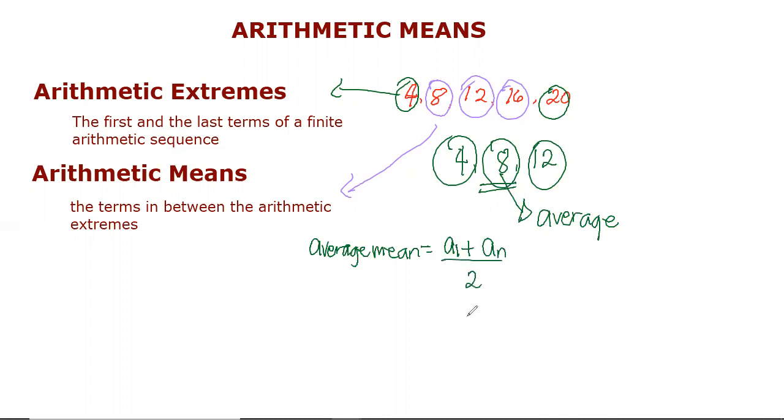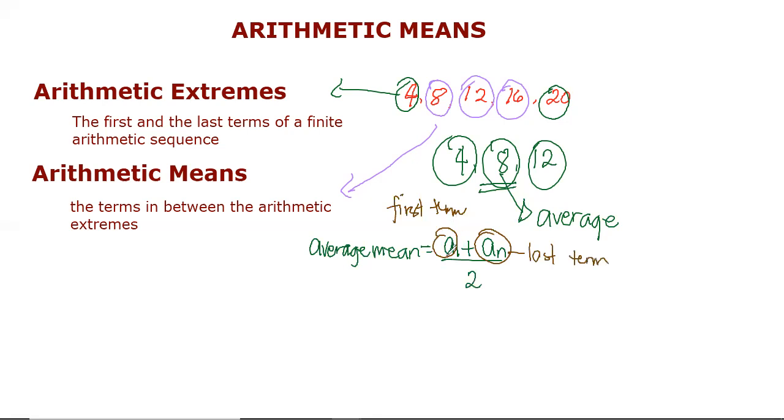Yan po yung formula in finding the average of one arithmetic sequence, kapag po tatlo lang ang given number at isa lang ang pinapahanap na mean. So, what is a sub 1? A sub 1 is the first term and a sub n is the last term.